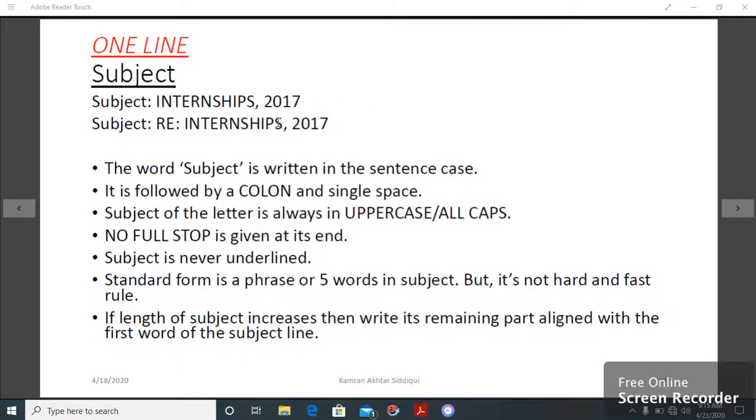Then, when you come to the next line, you are going to start underneath this I, and then you are going to resume your subject. So, Subject: internships announced in 2017. A sample will help you regarding this, inshallah.